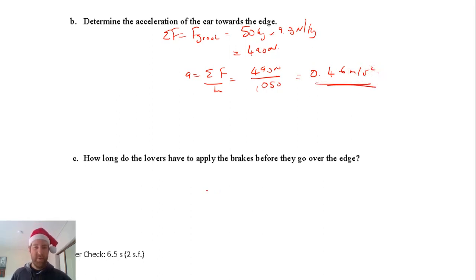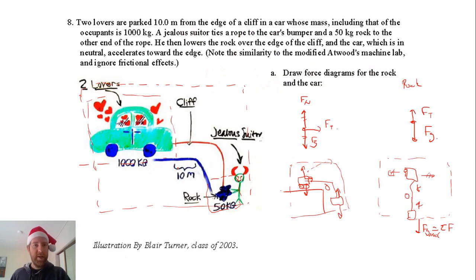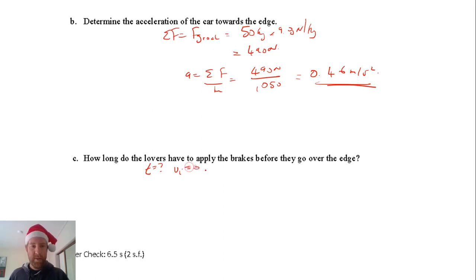How long do the lovers have to apply the brakes before they go over the edge? So now we use this acceleration to work a kinematics problem or an equation of motion problem. So we want to find time. We have initial speed. I'm assuming it's parked up. Yeah, so it starts off at 0.